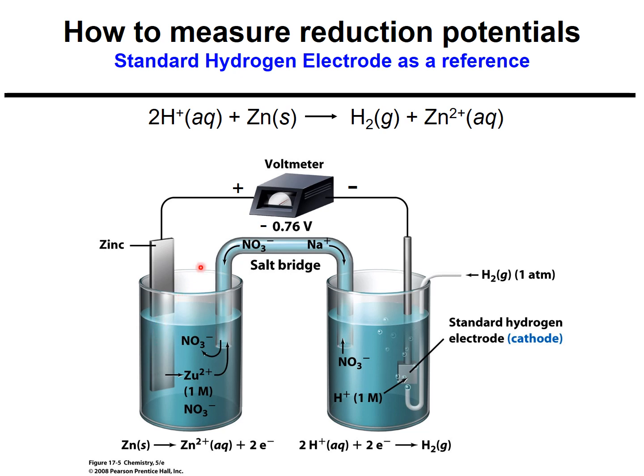In the same way, the positive pole of the voltmeter is connected to the zinc, and the negative pole of the voltmeter is connected to the hydrogen electrode, and the reading on the display of the voltmeter was minus 0.76 volt. What is the reduction potential of zinc 2 plus/zinc? Of course, in the same way, the reduction potential of zinc 2 plus/zinc is minus 0.76 volt versus the standard hydrogen electrode.